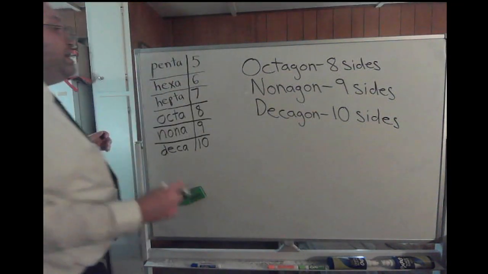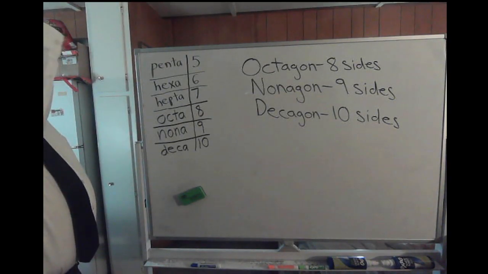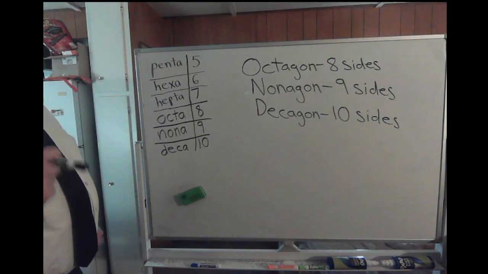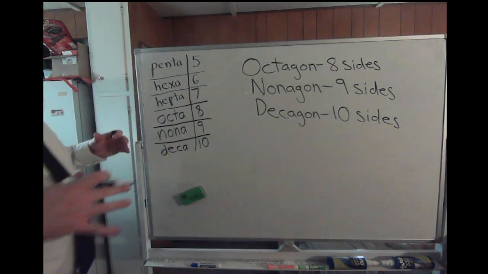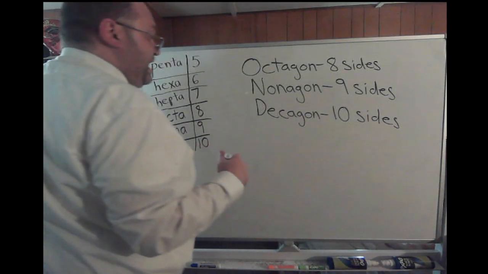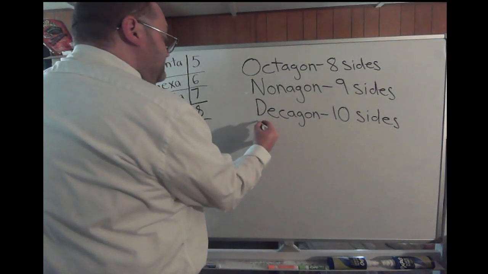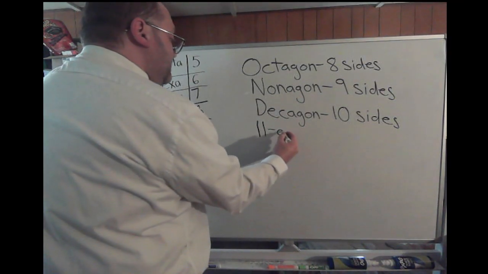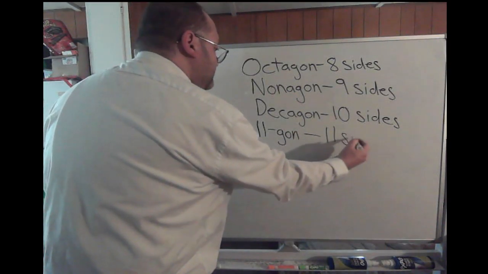Okay? Once you get beyond 10 sides, there are technical scientific names for each of the sides after that, but they're long-winded, they're from Latin. You really probably don't want to have to use them. So, once you get past 10, you would just call it an 11gon. An 11gon, it's got 11 sides.